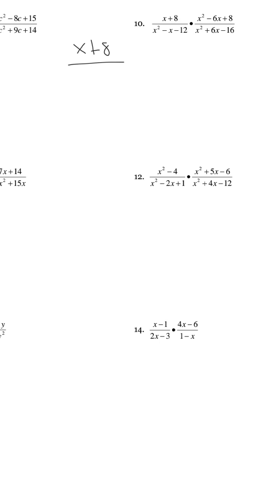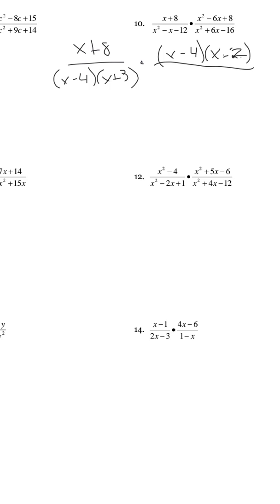X squared minus x minus 12 factors as x minus 4 times x plus 3. And then that's going to multiply with x squared minus 6x plus 8 on top, which will factor into x minus 4 times x minus 2. See if I can get my 2 to actually write here. There we go.